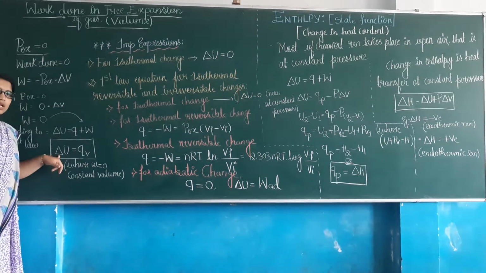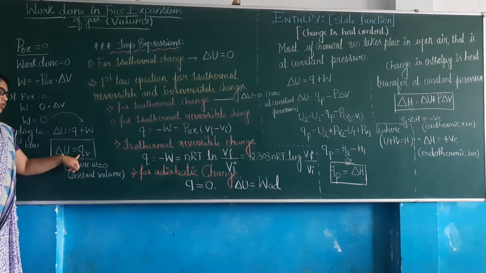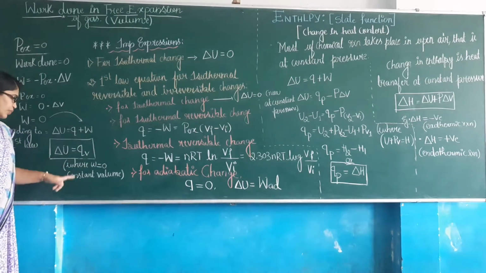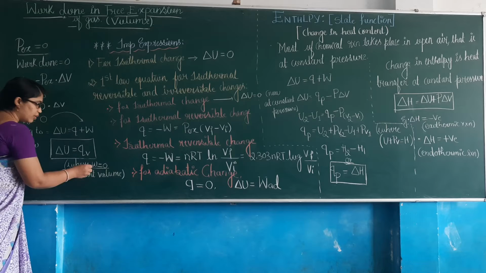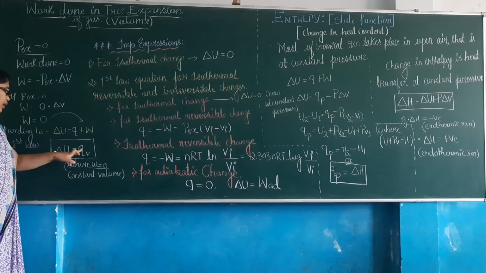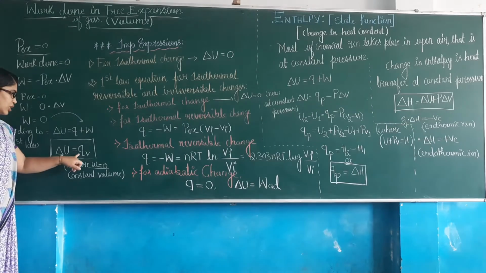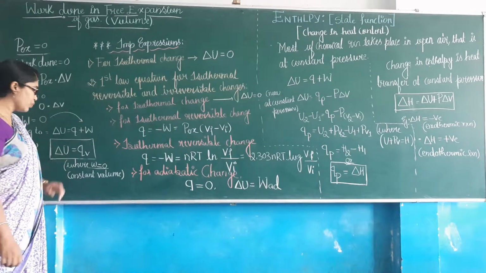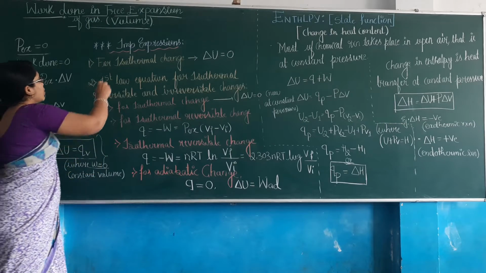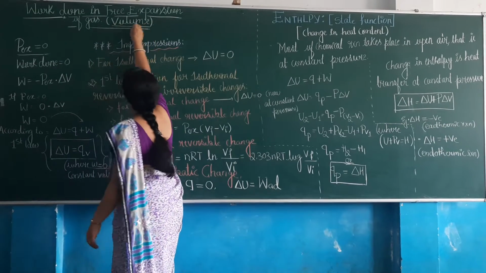So change in internal energy with respect to change of heat energy at constant volume. Here I am considering W as 0. So directly just by putting the value of 0, I get change in internal energy equal to QV. This is the expression we get with respect to free expansion.